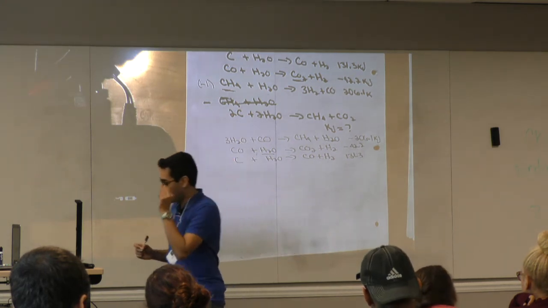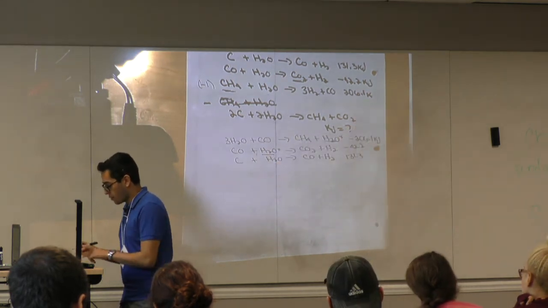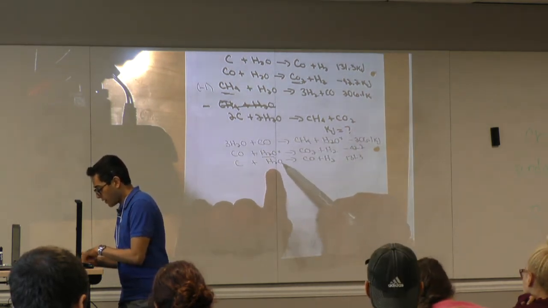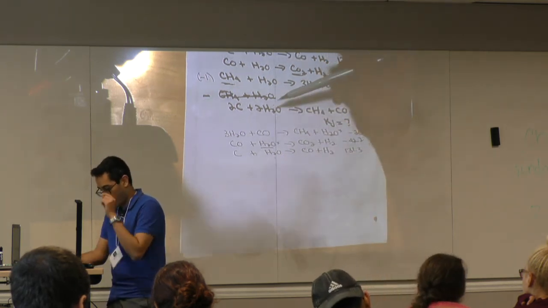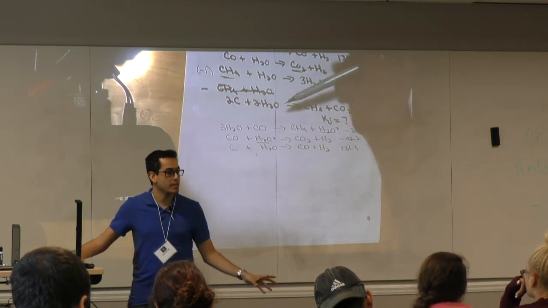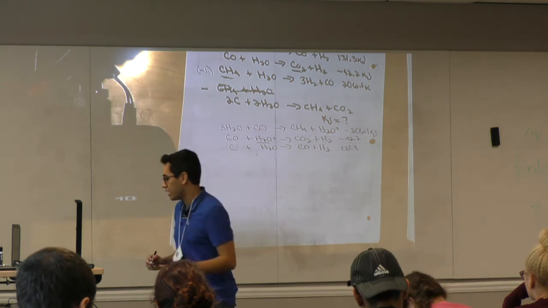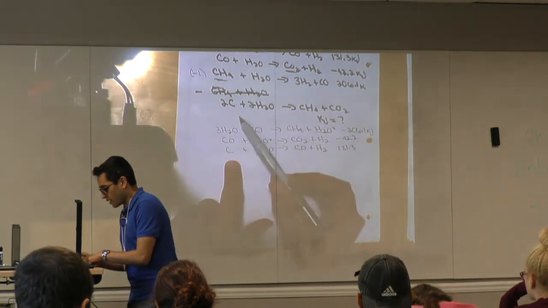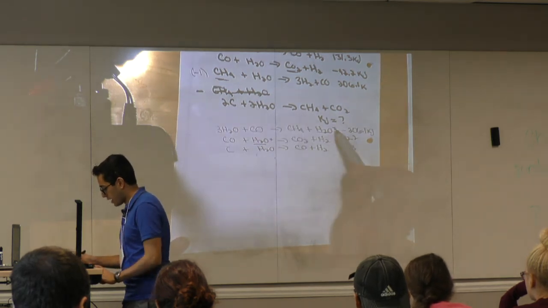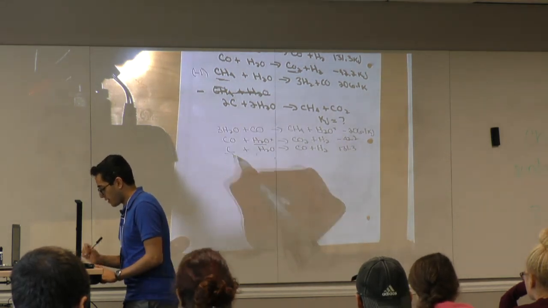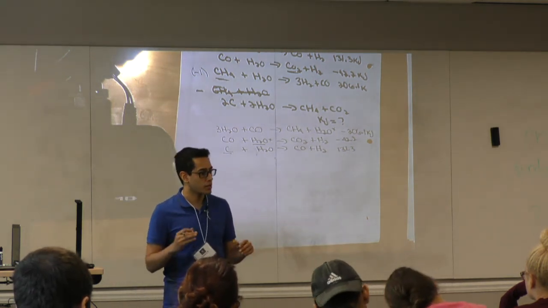So right now, technically, we only have one H2O on the left, which is not enough because we need two. But we're going to keep that problem on the side burner, because right now we just want the compounds where they need to be. The next thing we need is C on the left side. There are no C's on the right side, and there's one C on the left side. So now we have our products and reactants where they need to go.